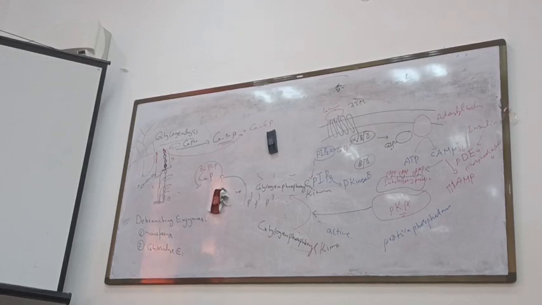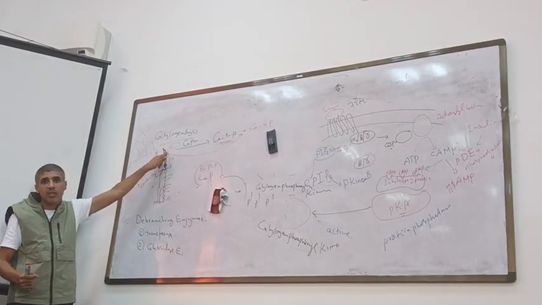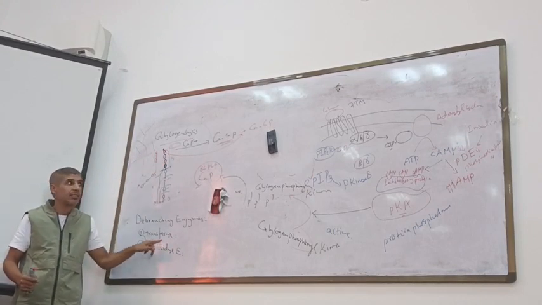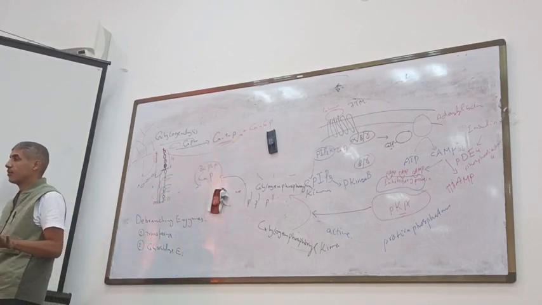Glucosidase gives glucose 6-phosphate. So this enzyme works on the branches, the debranching enzyme. Only 1 glucose will stay, and this one molecule is released by glucosidase as glucose 6-phosphate.